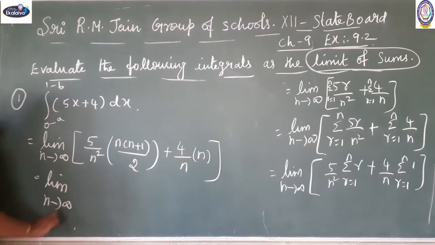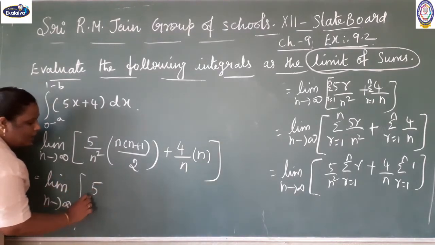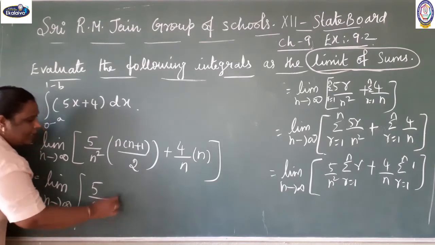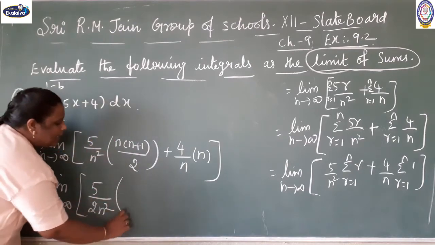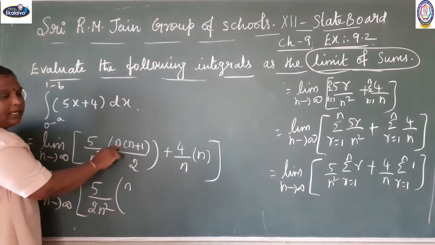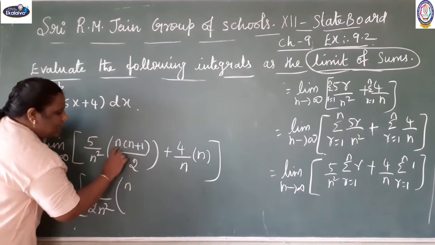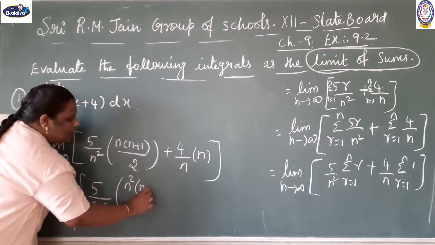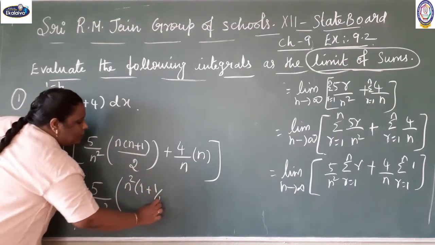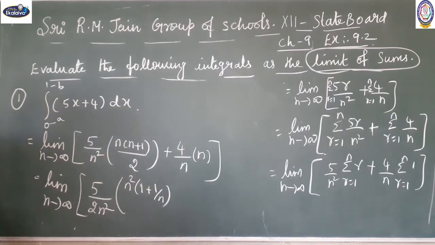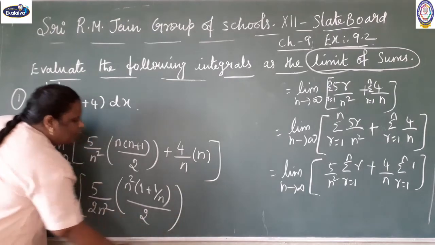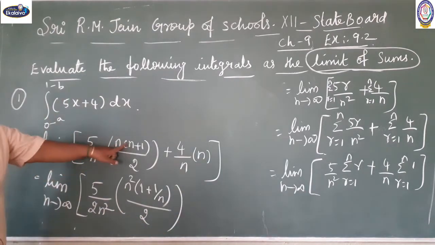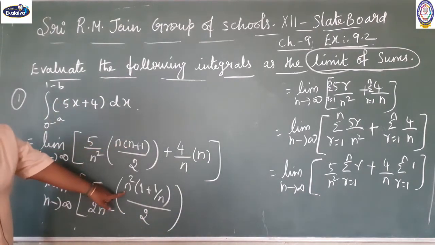Limit n tends to infinity, 5 by 2n square. You can bring the 2 outside. N you can take it out. What is the remaining thing? n square into 1 plus 1 by n by 2. n into n becomes n square.